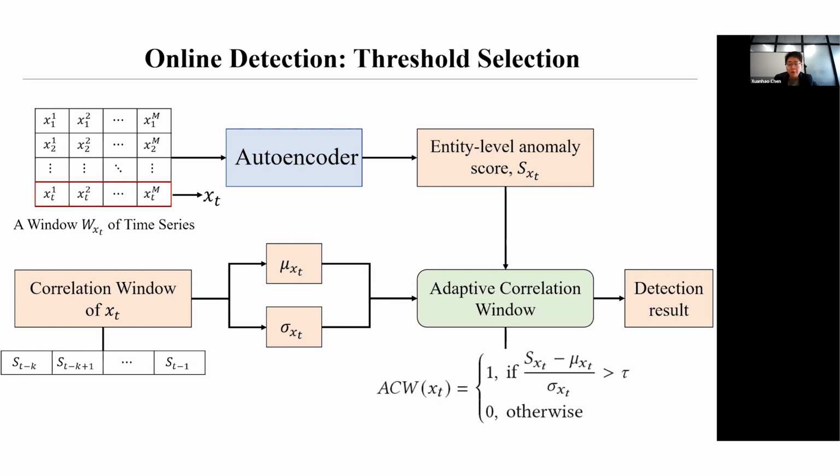For a new entity, we first compute its anomaly score using the detection model. And then the anomaly score is compared with the mean and the standard deviation. If the anomaly score of the current entity exceeds the confidence interval, the entity is anomalous.